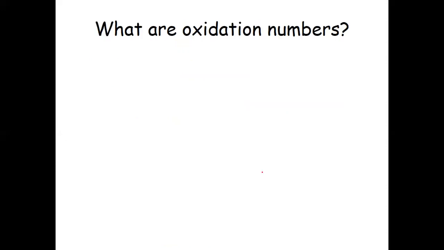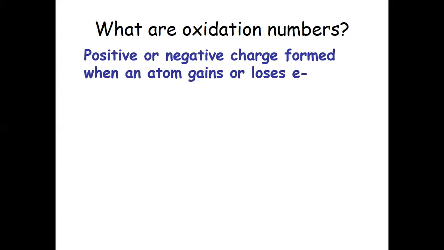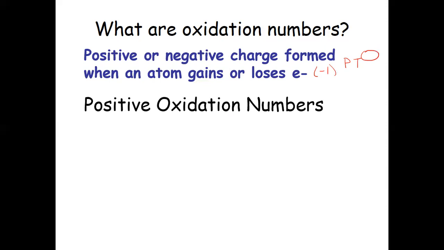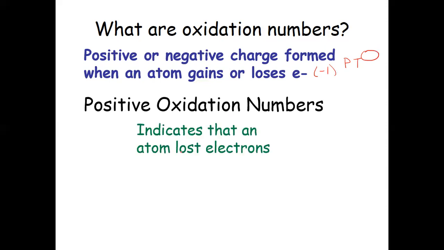So before we get into the reactions themselves, we have to understand what an oxidation number is. The oxidation numbers are the positive and negative charges formed when an atom gains or loses that negatively one charged electron. And they're all located on the periodic table. We usually put the oxidation number in the upper right-hand corner. Positive oxidation numbers indicate an atom has lost electrons.